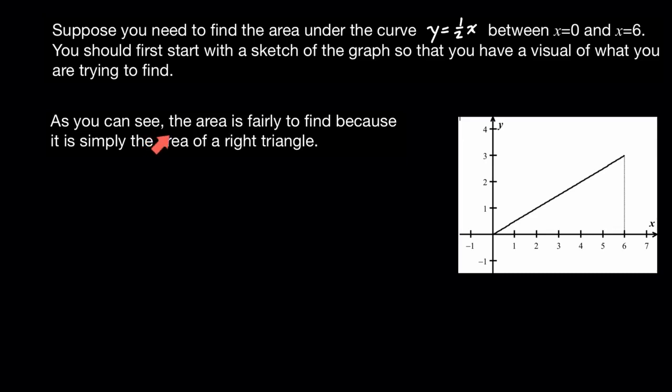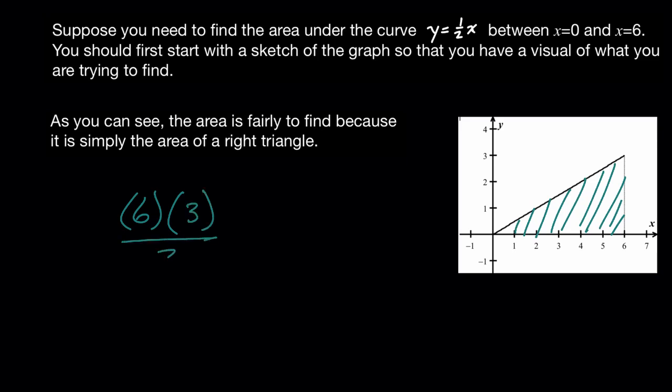And as you can see, the area is going to be fairly easy to find because it's simply the area of a right triangle. So to find the area, I would simply multiply my base, which is 6, times my height, which is 3, and divide by 2. And that would give us an area of 9.